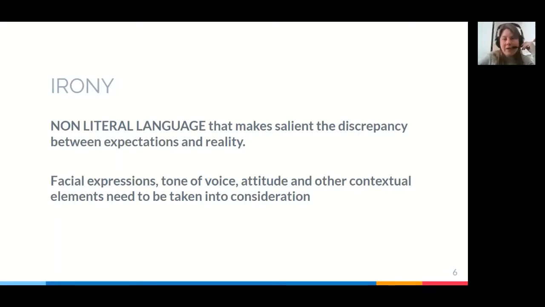Something is wonderful. But when the situation is described, you can see that I actually uttered the sentence, it's perfect, but what I meant was it's a disaster. It's terrible. Yes? So that's why facial expressions, tone of voice, attitude, and other contextual clues need to be taken into consideration when analyzing irony.